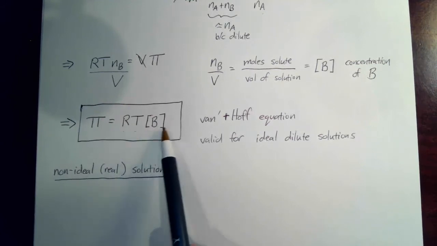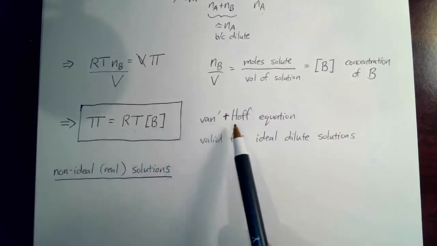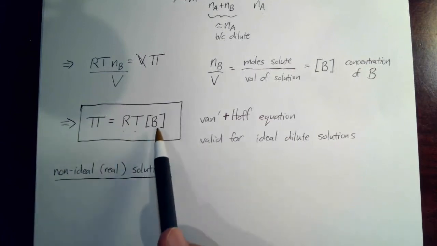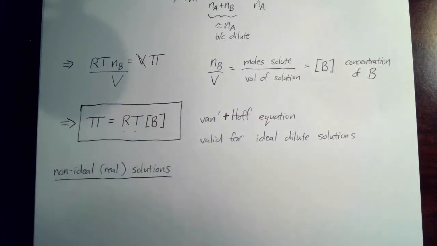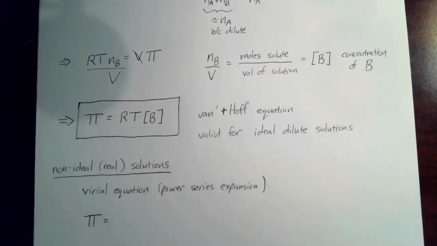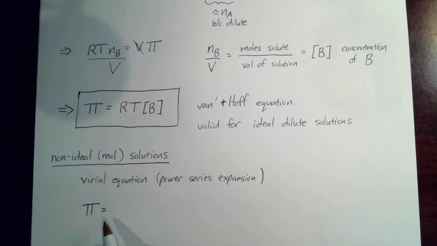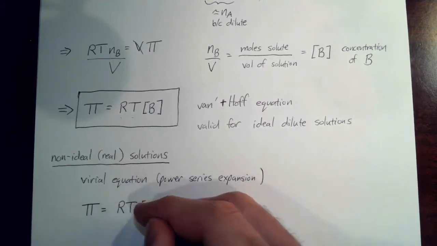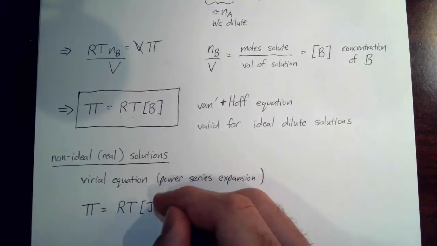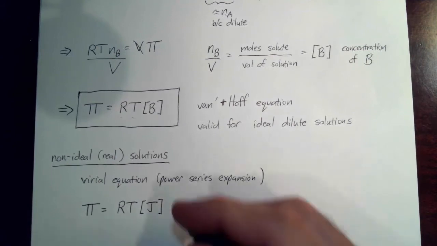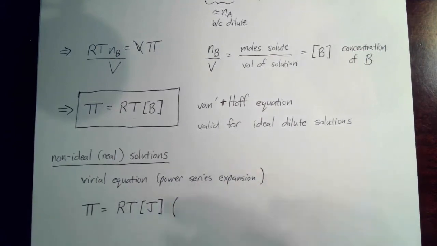And so we're going to add the other terms, and the other terms are going to be multiplied by increasing powers of the concentration. Okay, so let me write that down. So pi is equal to RT, and we're going to change the solute letter to J so that we don't confuse it with the coefficient B here in a second. You'll see what I mean.